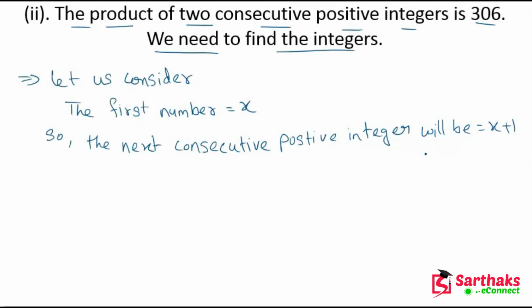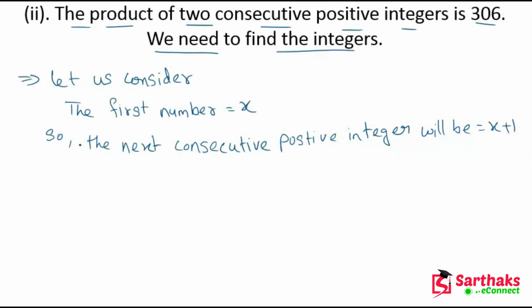Consecutive means a step ahead. Let's suppose we are taking a number 5. So the consecutive number of 5 is 6. It means we have to add 1 to the previous number. Then we get the next number, which is the consecutive positive integer. Okay, I hope you get this point.